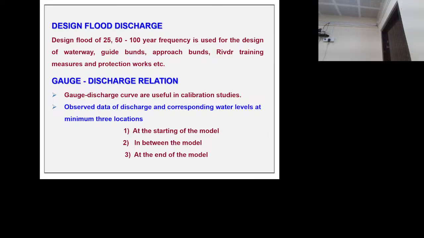Suppose for design of flood protection works, we have to take 25 years design discharge.